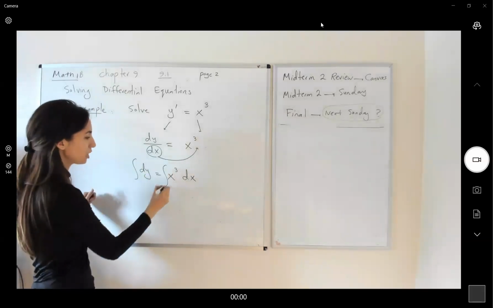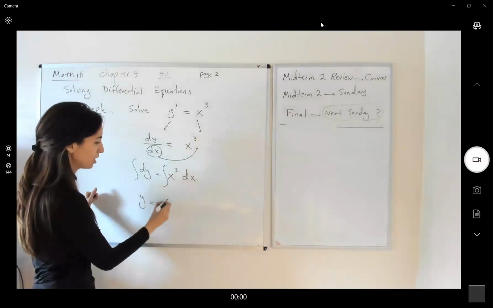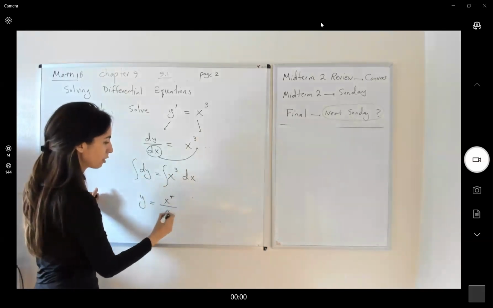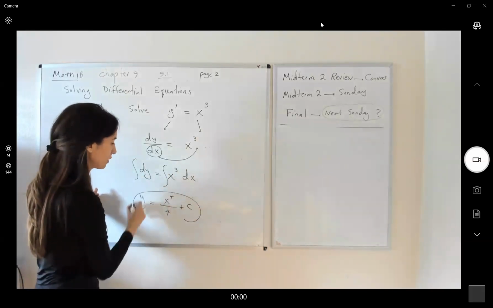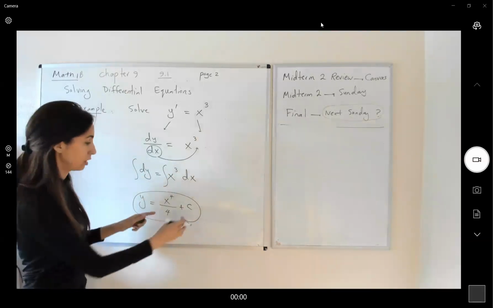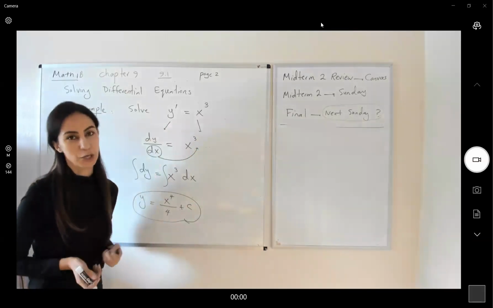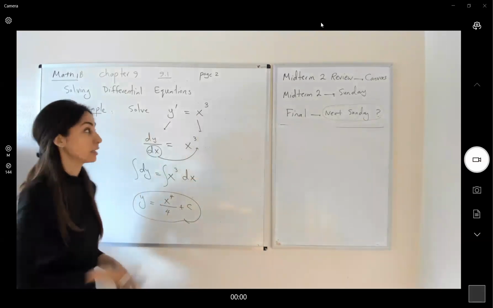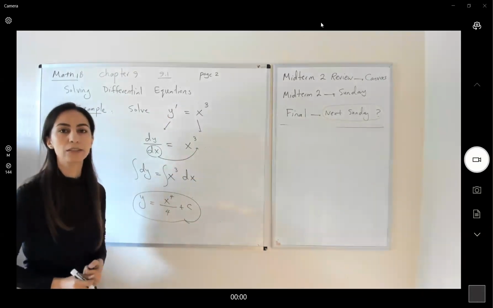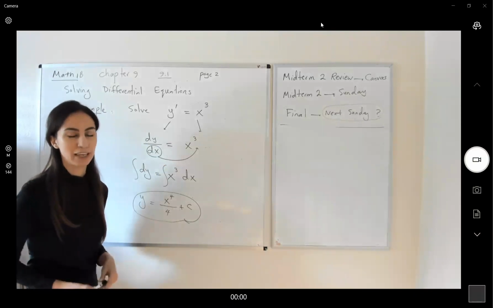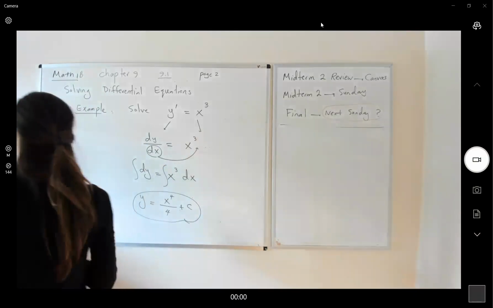Now you take the integral, y is equal to x to the 4 divided by 4 plus constant of integration. These are the solutions for this differential equation. Sometimes it's easy, some other times you have more complicated examples.